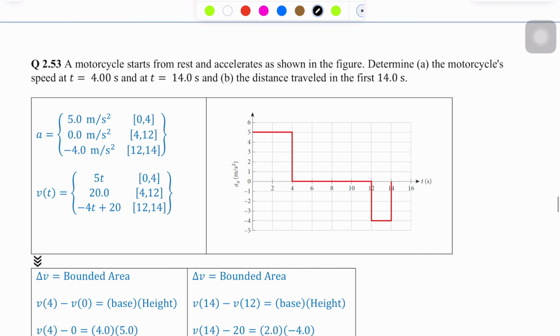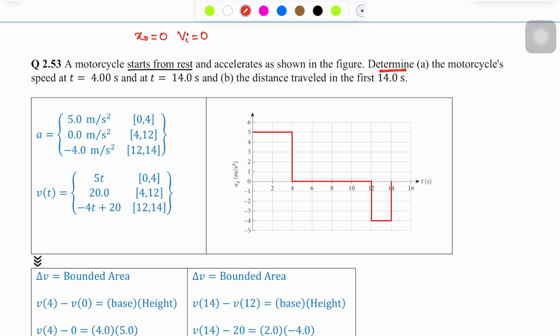Now question number 2. This is an interesting question. A motorcycle starts from rest. Rest means x naught is 0, v initial is also 0, and it accelerates as shown in the figure.